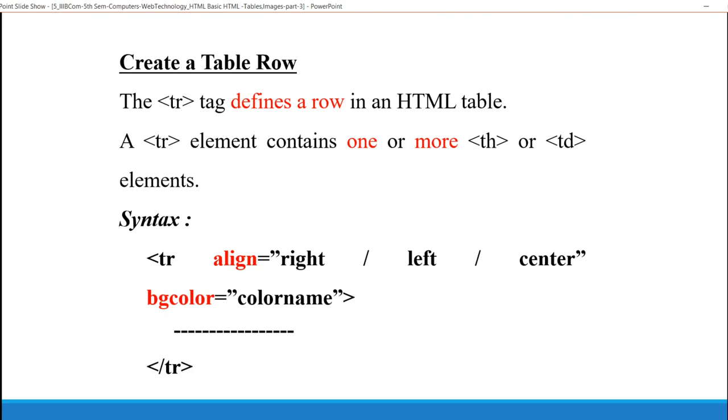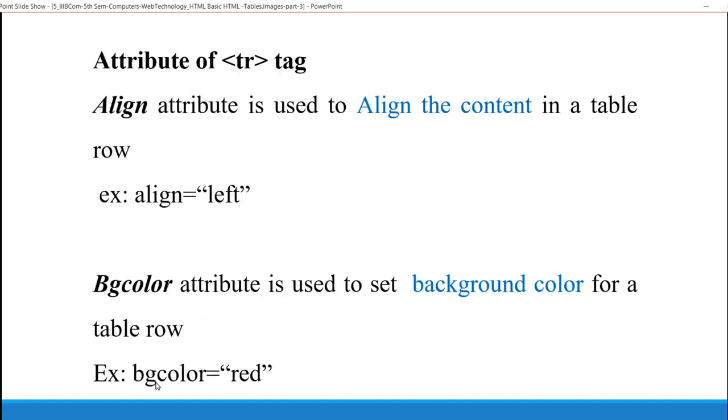See the syntax: tr, align, background color. In this tr tag, we can write the th tag or td tag. Close the tr tag. The attribute used in the tr tag is the align attribute.